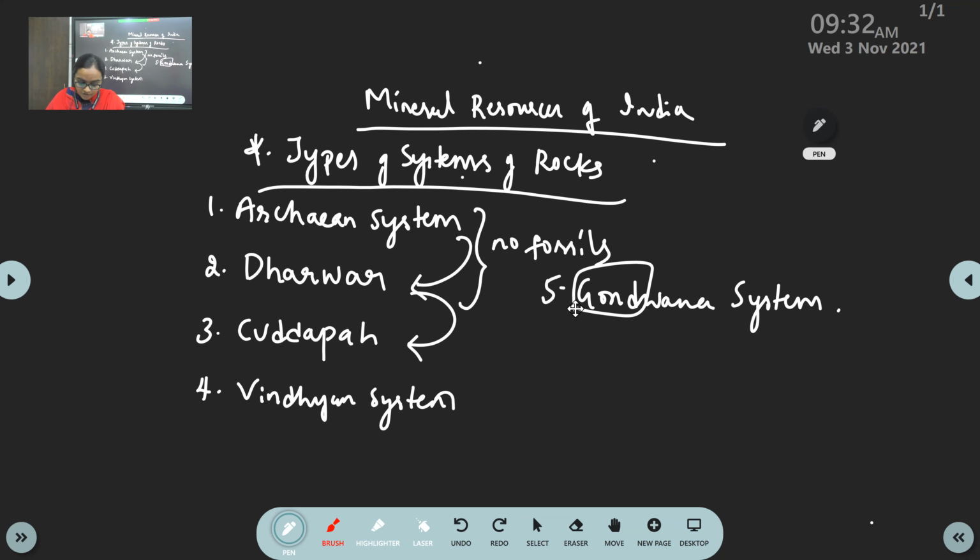Because 98% of coal in India is found in these rocks. Where do we have coal? 98% of India's coal lies in this system of rocks.